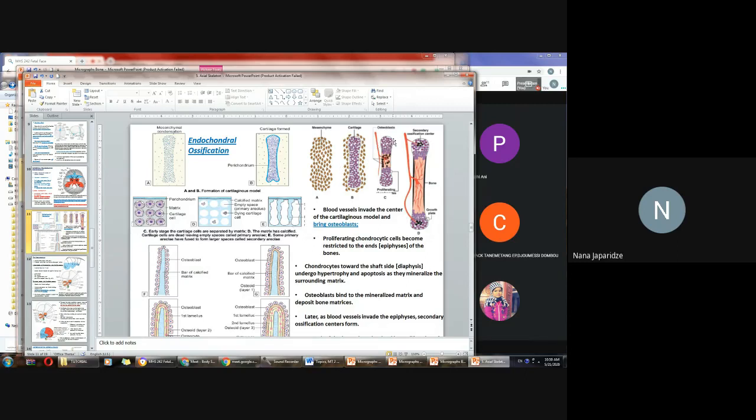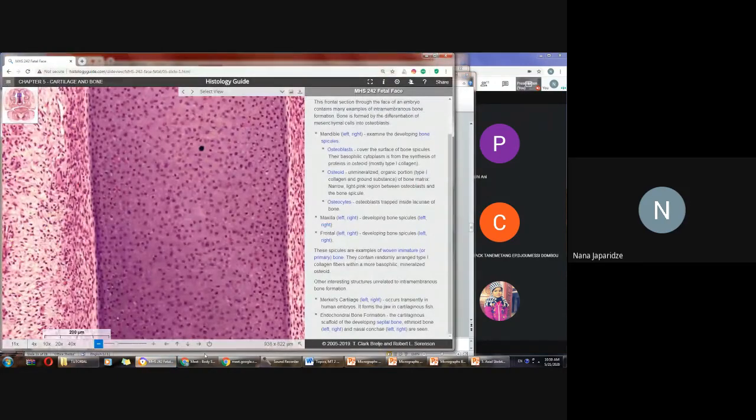At another stage of chondrogenesis, the blood surrounding mesenchyme, and you have seen how intensively this cartilage is surrounded with mesenchyme. So this mesenchyme forms blood capillaries here, and blood vessels invade the cartilage tissue.